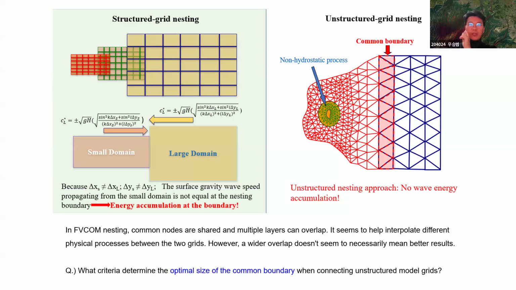Mr. Chen, the common boundary location should not be located where, for example, the mathematical slope is strong. Yes, a too-steep region is not very good, because in a sloping region you get a lot of internal waves, right?